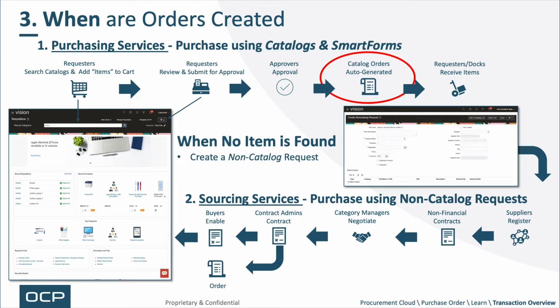So suppliers register, and contracts can be created either pre-purchase, like a master, or non-financial, like a non-disclosure agreement. You have category managers that may source, or what we'll call negotiate in Fusion, and produce a contract. And then buyers may enable the content in that contract, again making catalogs, or they may just create an order. So that's when orders are created within the overall flow.